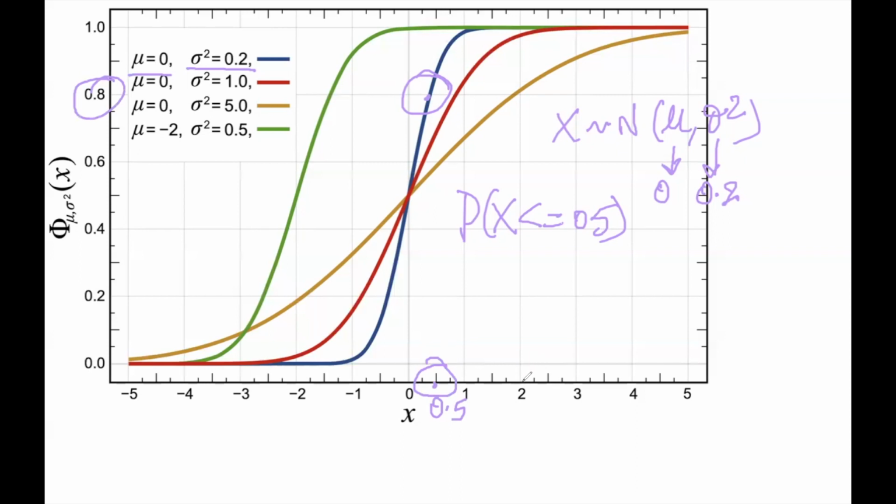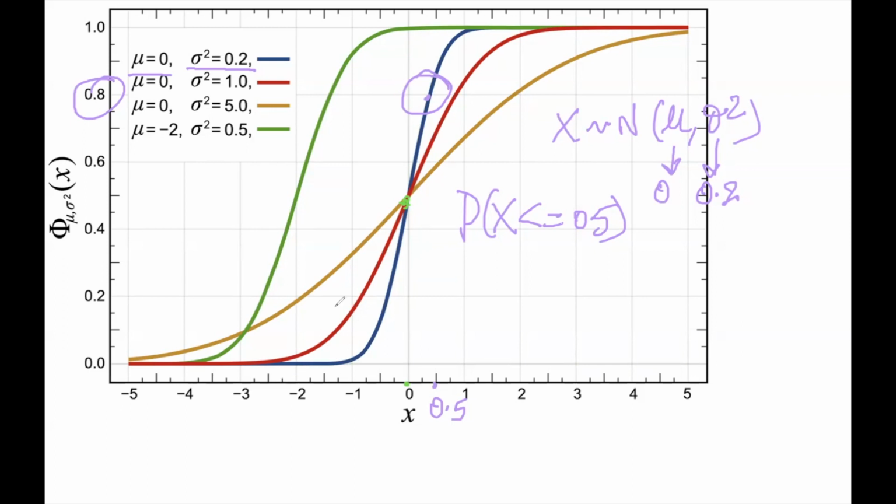The CDF of a random variable which follows a Gaussian distribution looks like this S-shaped curve. This is also a very well recognized shape. But here are a few interesting things. If the mean of the random variable is 0, this is where the central point lies, because our distribution is symmetric, which means that 50% of the points lie on one side of the mean and 50% on the other side.